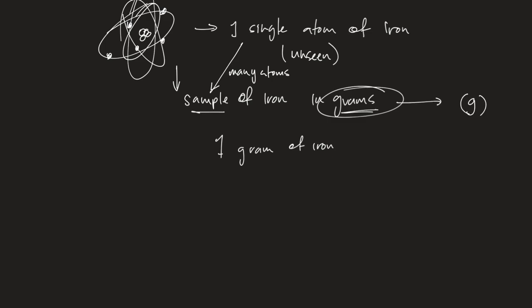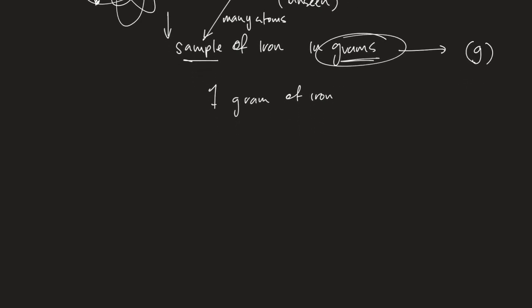So let's say I have a recipe to make a chocolate cake. It says I need 4 cups of flour. Just because I need 4 cups of flour doesn't mean I need 4 cups of sugar.